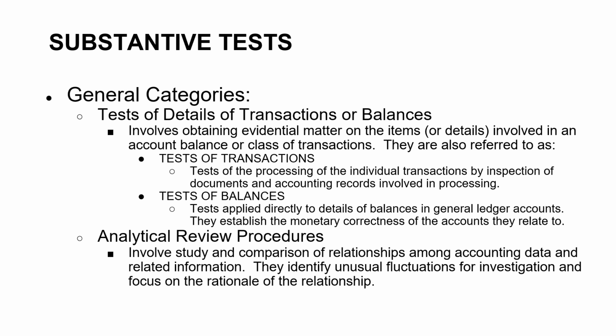Okay, now the other category of substantive tests is what we call substantive analytical procedures, or SAP, or in this case, analytical review procedures. This would involve a study and comparison of relationships among accounting data and related information. We are working on the context that there are predictable relationships in the accounts, and that we should be able to identify unusual fluctuations.